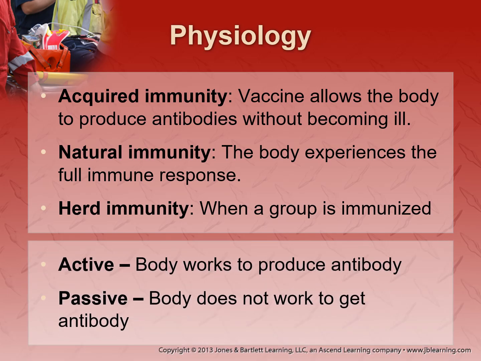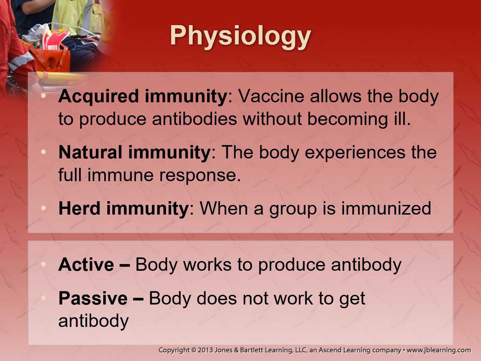Active immunity means we actively produced the antibody, and then passive immunity is we just got the antibody. And we talked about this before. If we have to kind of put these words together, active acquired is a vaccine. Active natural is just coming across the disease and creating an antibody.